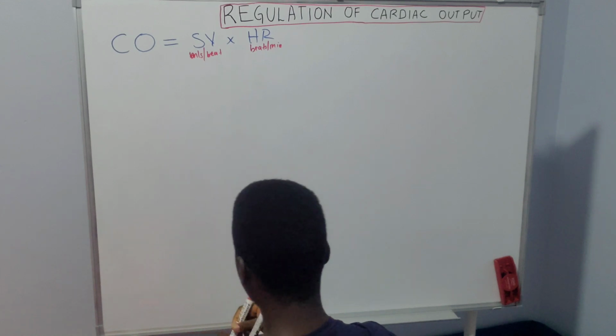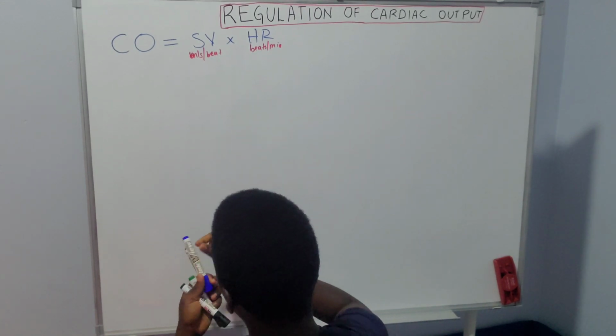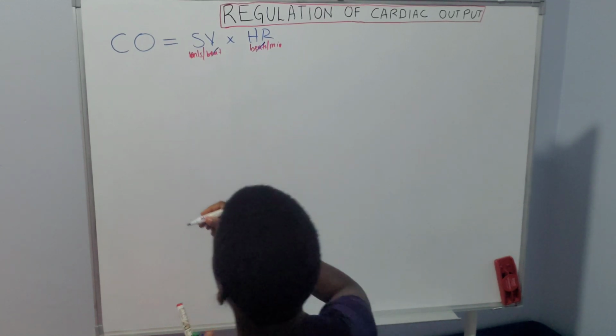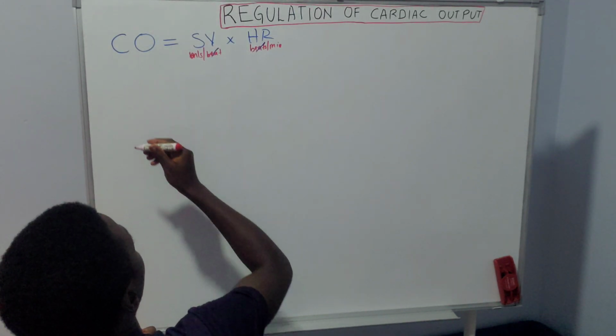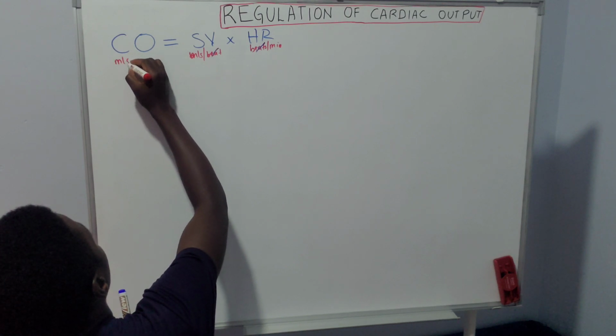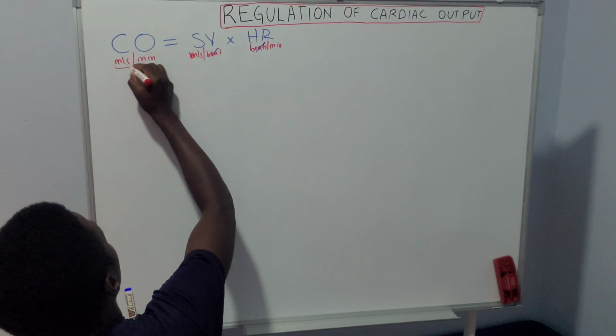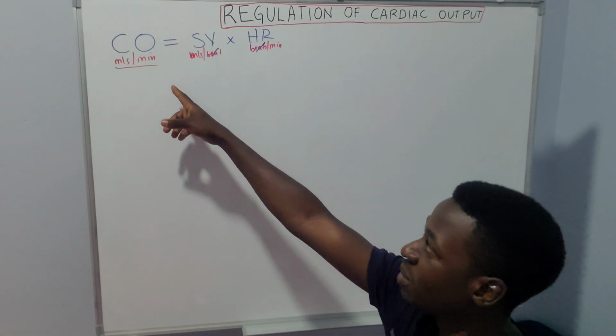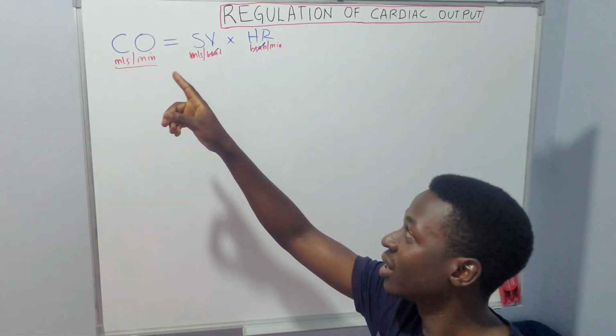Of course, this can cancel out beats and beats. So what do we get? This becomes mils per minute. So the total amount of blood pumped by the heart in 1 minute is what we refer to as the cardiac output.